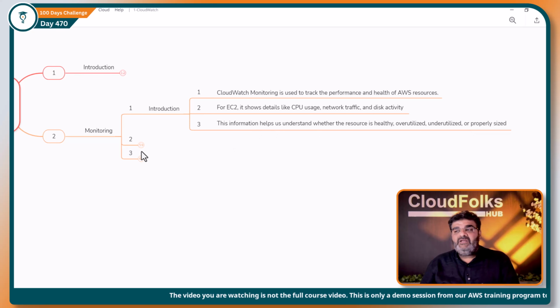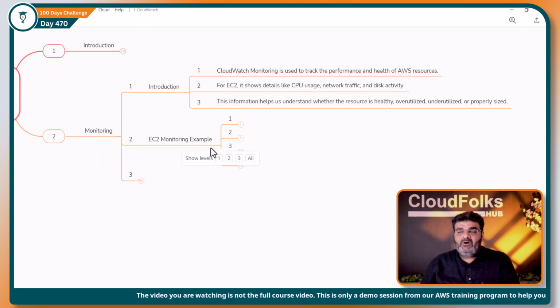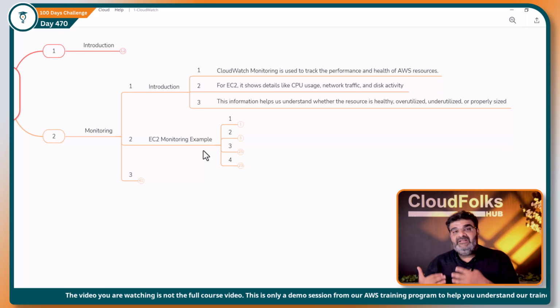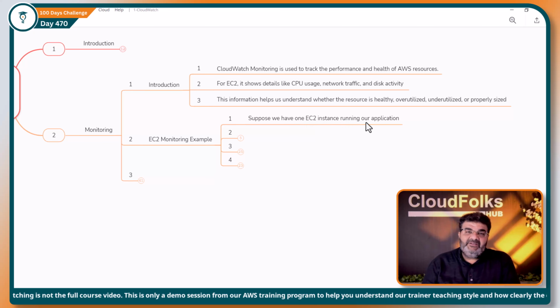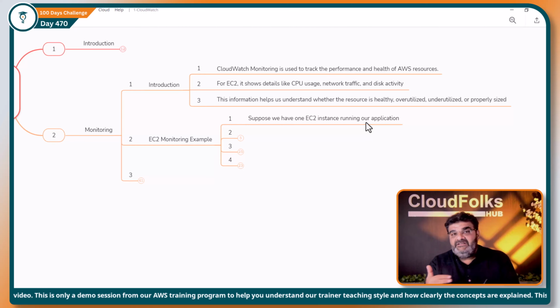Now, I'm going to explain the use case of CloudWatch monitoring with one example so you will get a better idea about it. Suppose we have one EC2 instance running our application. When we are creating our EC2 instance, how can we determine the size of it?